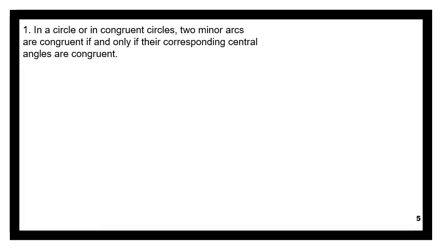Theorem number 1. In a circle or in congruent circles, two minor arcs are congruent if and only if their corresponding central angles are congruent.